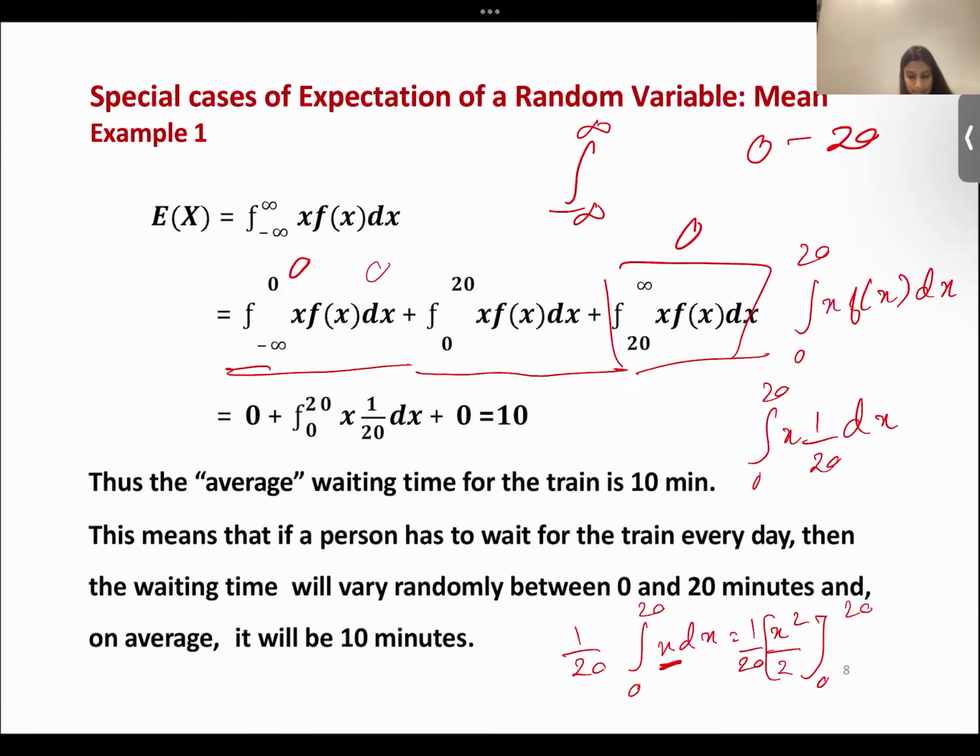So it becomes x square by 40. When you apply all these values and calculate, you get a value of 10. So the average waiting time for the train is 10 minutes.